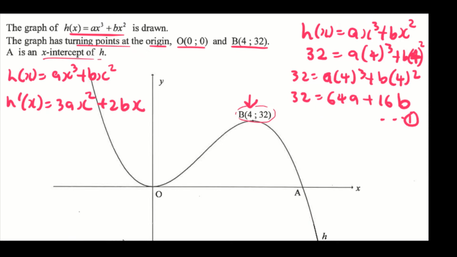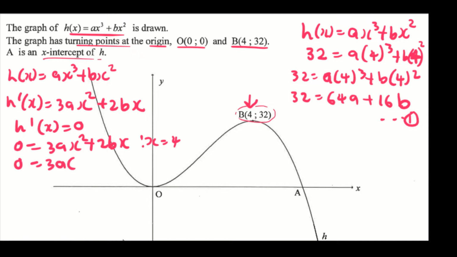We know very well that this will be equal to 0. So 0 equals 3ax squared plus 2bx, and we substitute x equals 4.